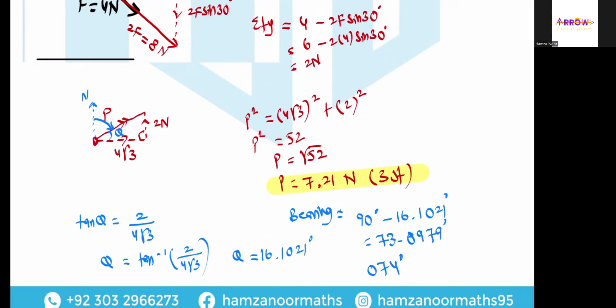As a bearing, the usual practice is to write the answer as a three-figure number. So the bearing is 074 correct to the nearest degree.